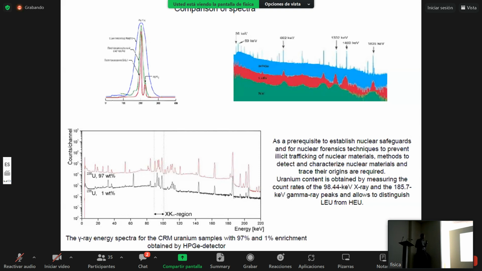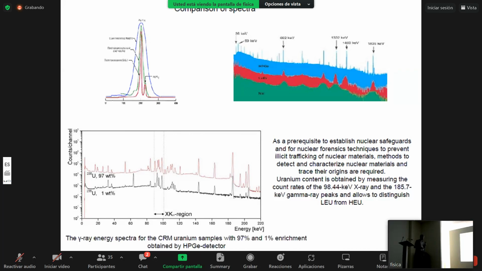If you compare this spectrum, uranium has characteristic gamma lines and X-ray lines at energies of about 100 and 125 keV, and the content of uranium differs between low enriched uranium, which is usually used in conventional nuclear power plants, and highly enriched uranium, which is used in some specific tasks and right now is prohibited in many countries and in many applications, as it can be used, for example, for military purposes.